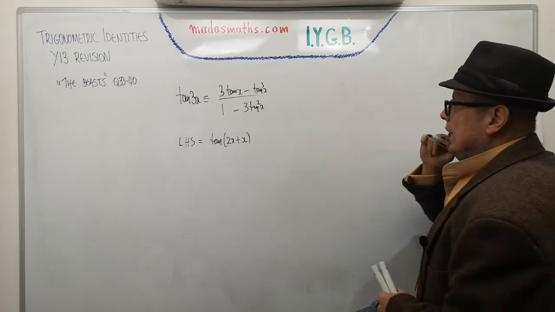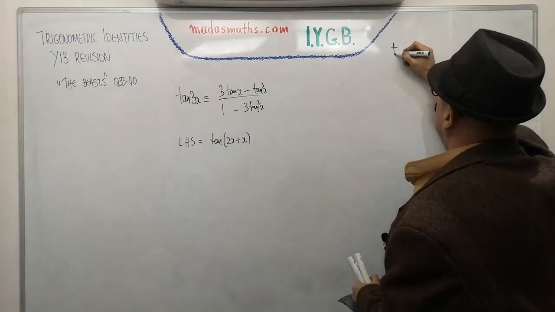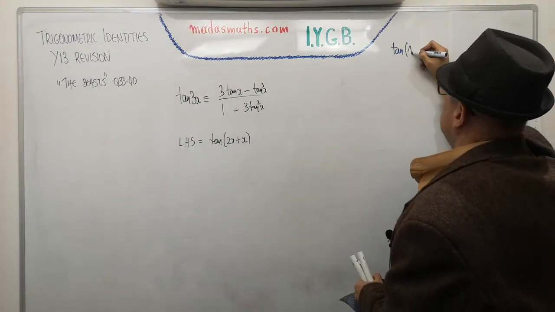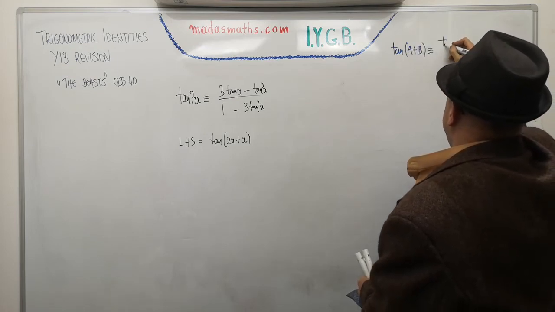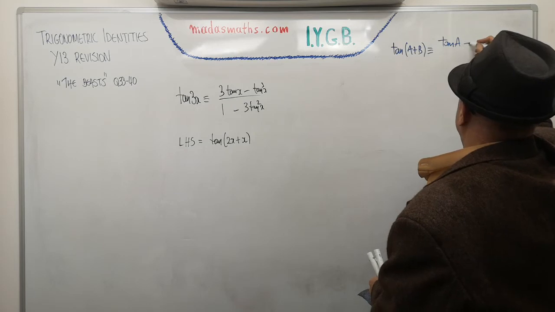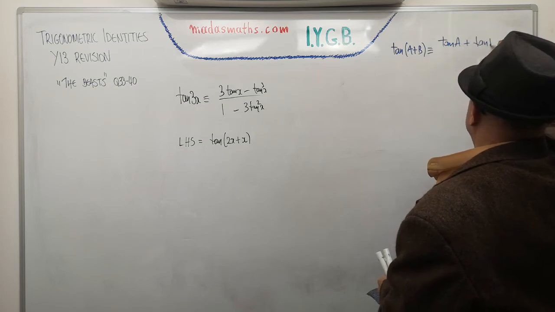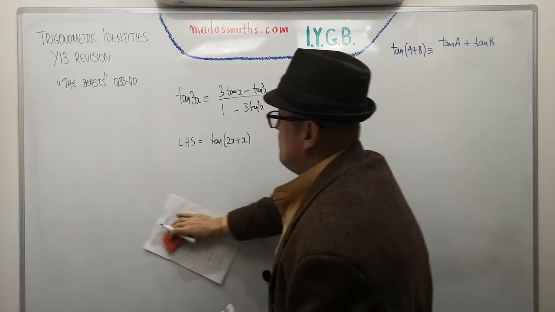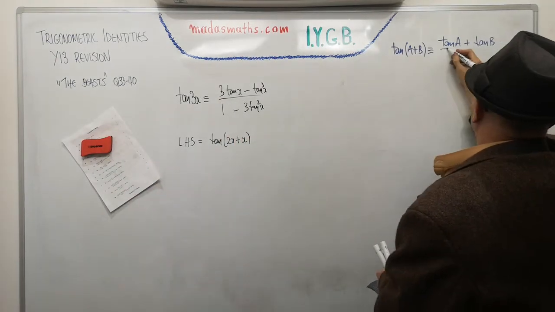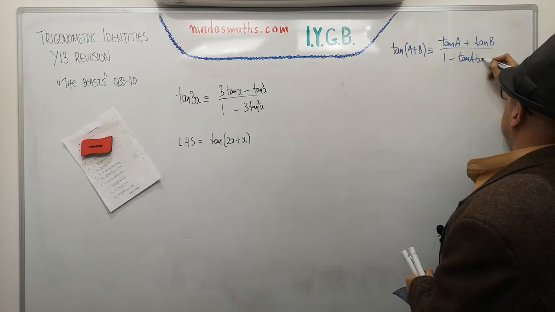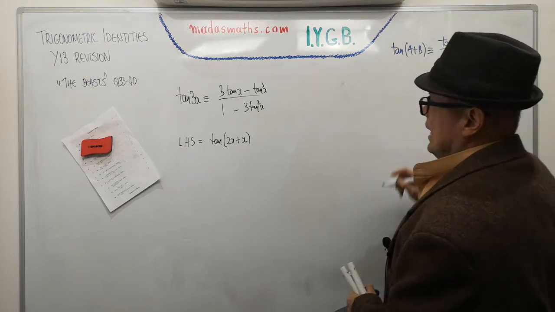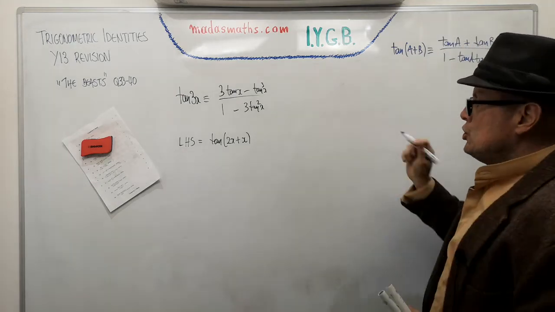This question is not hard, it's just that you have to keep a clear head and not make a mistake. The tan of A plus B is the same as the tan of A plus the tan of B, over 1 minus tan A tan B. And I'm also going to need the tan 2x.